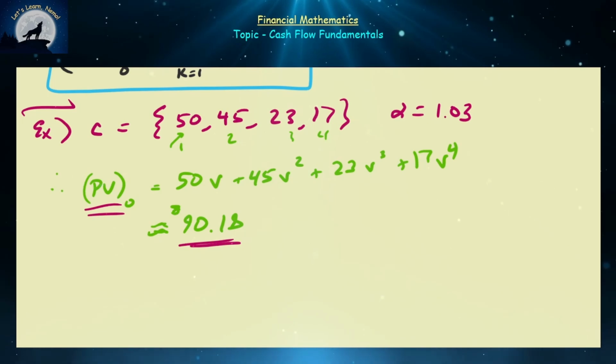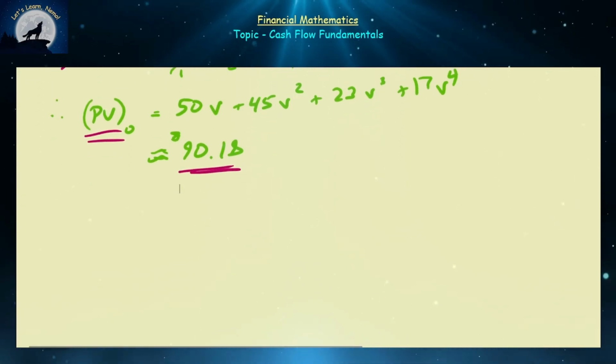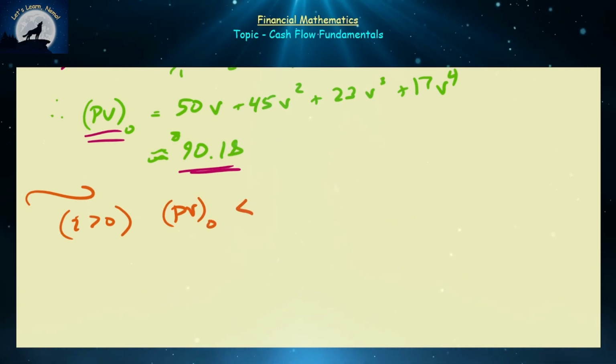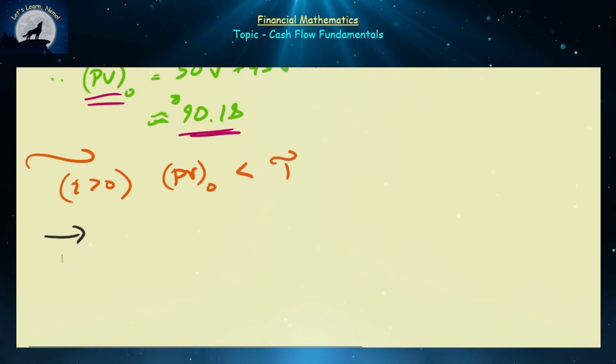Now, obviously, the present value is less than the total of our transactions. So how can we view that? Again, we have that if i is greater than 0, then the present value at 0 will be less than or equal to the total of our transactions. So in the conceptual world, what does that mean? You might want to pause this video to see if you can give some explanation relatively equivalent to the one I'm about to give.